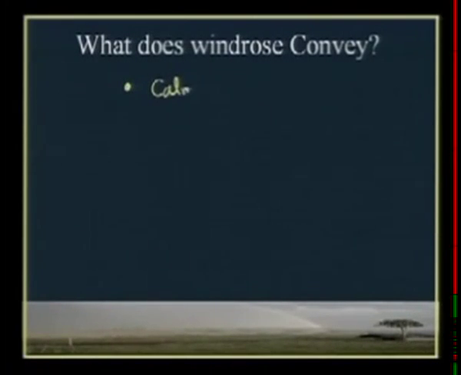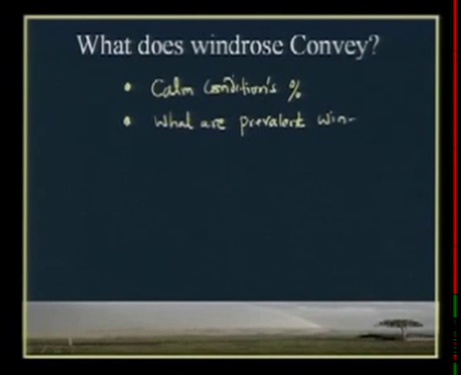calm conditions percentage, a very important thing. It also tells you what are the prevalent wind directions.